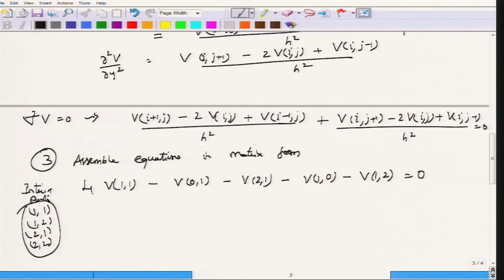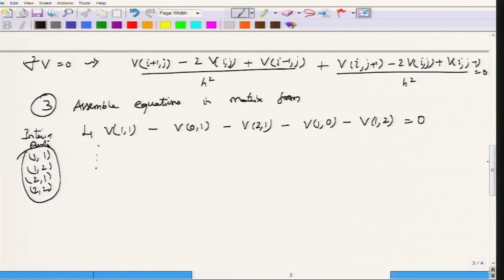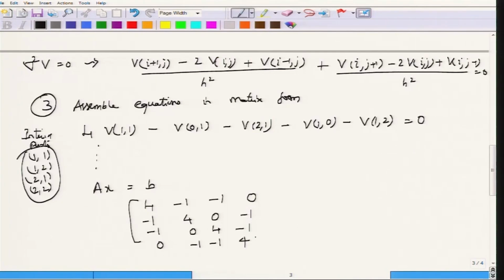So, you can continue to write the equations for the other 3 interior points. I will not write it here, but you can and you should write this one, and when you write everything and put them in a proper matrix form, you can write this as A x equal to B, okay, where A will be this: 4 minus 1 minus 1 0, minus 1 4 0 minus 1, minus 1 0 4 minus 1, 0 minus 1 minus 1 and 4.